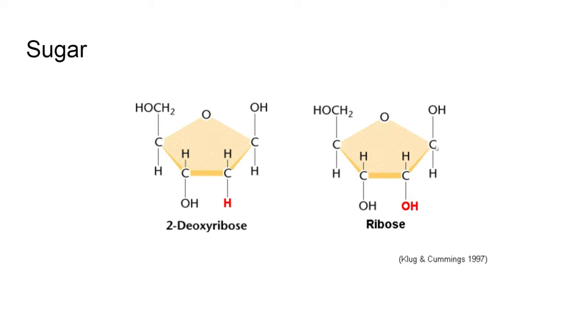So for example, this will not be 1, it will be 1 prime, and this is a way to differentiate the carbons. The carbons in the nitrogenous bases are just normal numbers, and then in the sugar they will have a prime after the number.